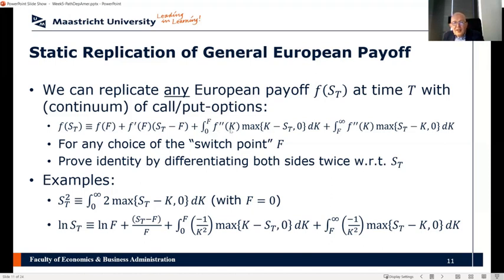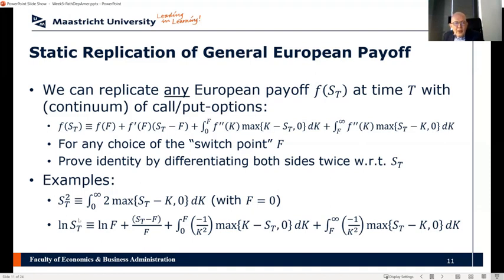And then the second derivative: 1 over X is X to the power minus 1. And if I take the derivative once more, I get minus 1 times X to the power minus 2. So that is this weight, minus 1 divided by K squared. So that's exactly this term here for all the put options and this term here for all the call options.